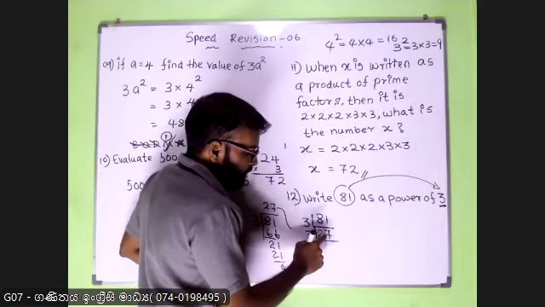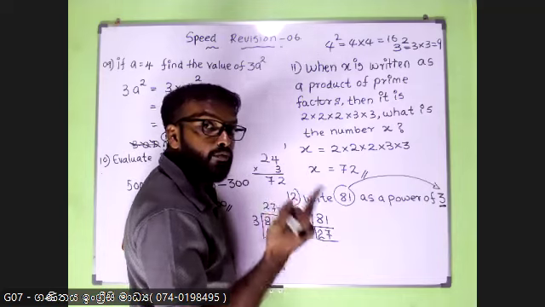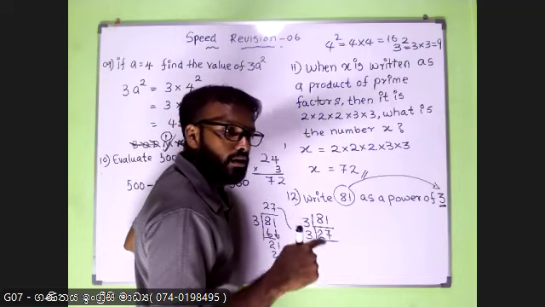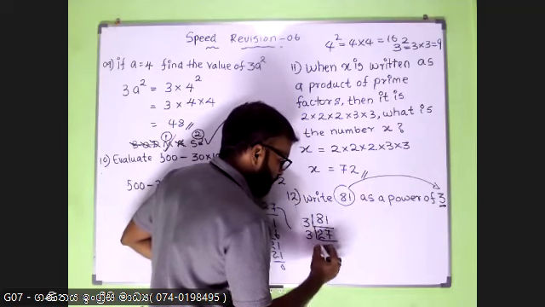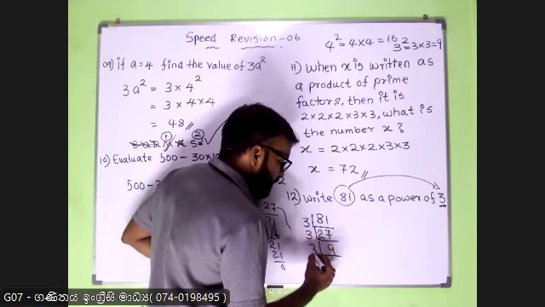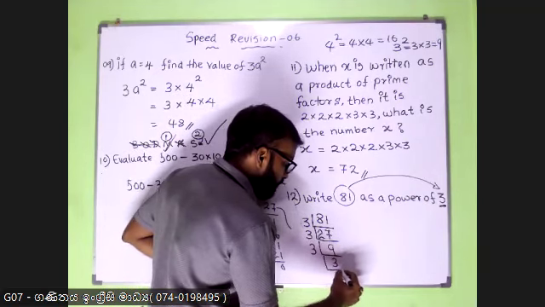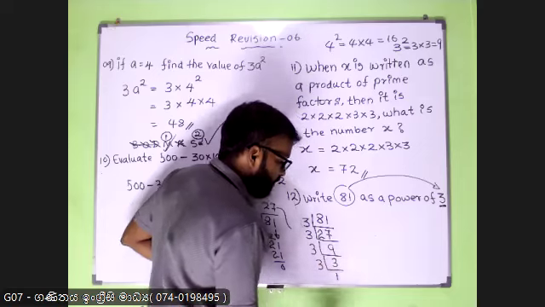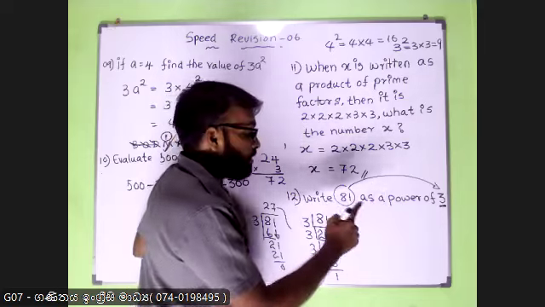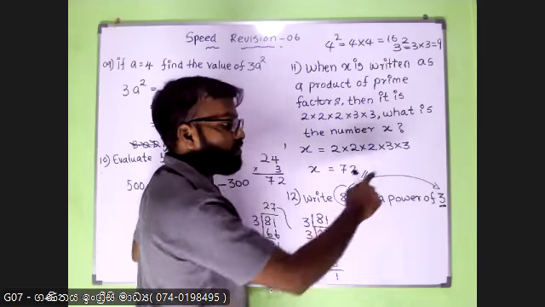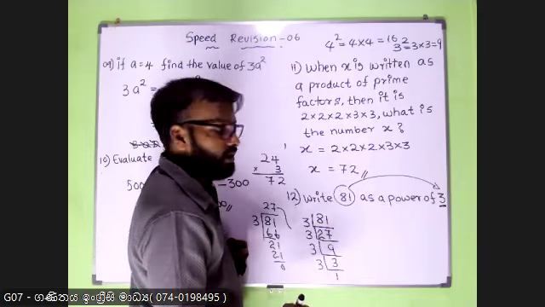So 27. How many 3's are there for 27? 9. Yes, 9. Excellent. Then 3 times 3, then 3 times 1. So how are you going to write 81 as a power of 3?